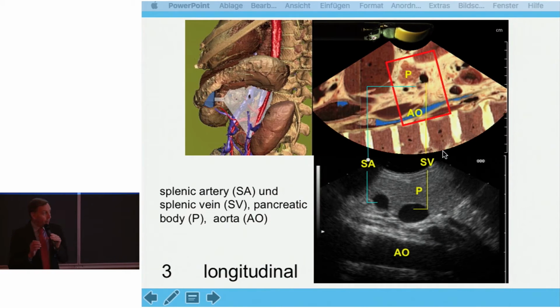A very important vessel is the splenic artery and vein, because if you go downwards along the aorta, you will very often see two eyes. The upper one, cranially located, is very often the splenic artery, and the lower one is the splenic vein. And this helps you to find the pancreas, the pancreatic body, especially in longitudinal scan.